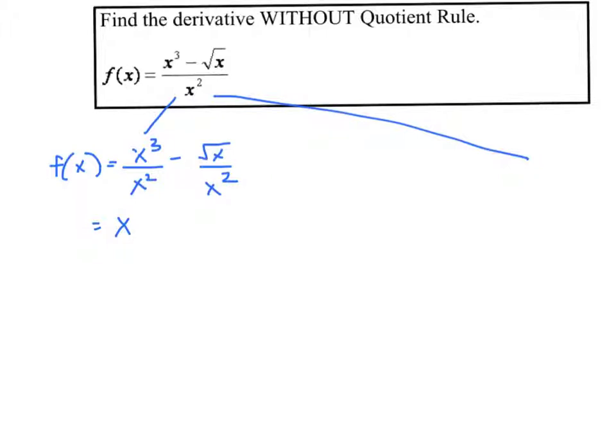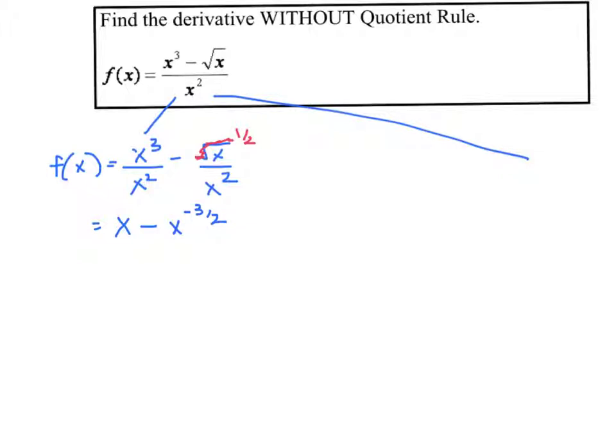Okay. The square root of x, what if, instead of having square root of x, I rewrote that as x to the 1/2? So x to the 1/2 divided by x squared, well, 1/2 minus 2 is negative 3/2. So this would become x to the negative 3/2.